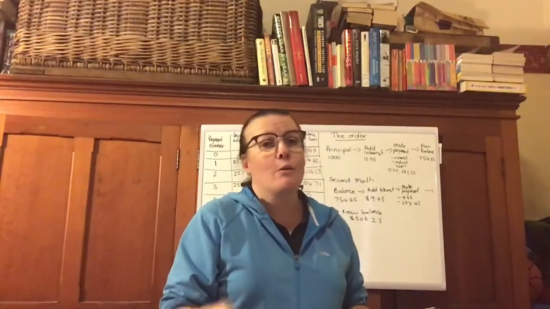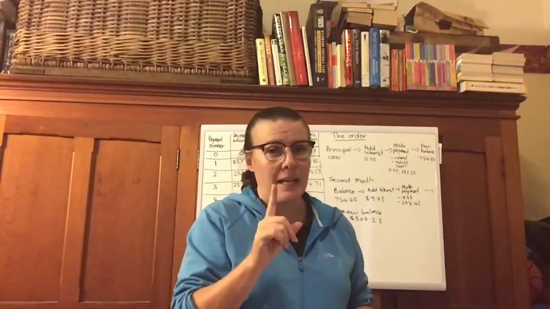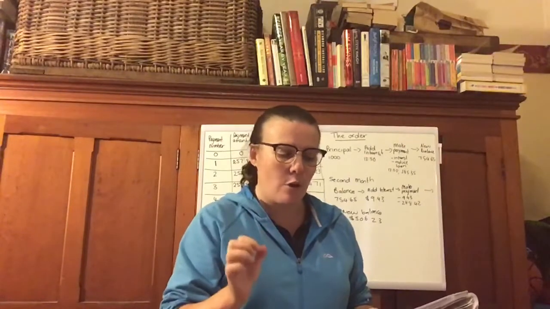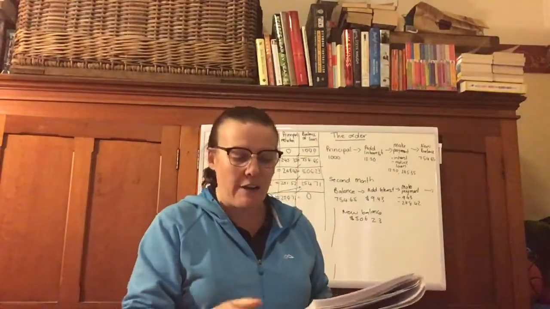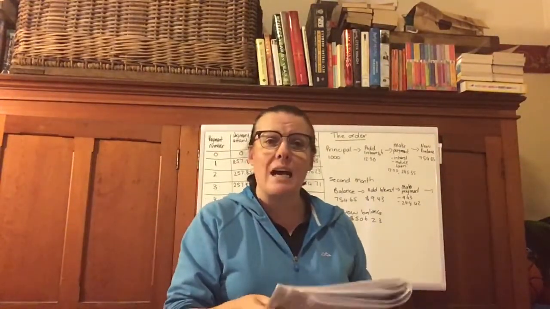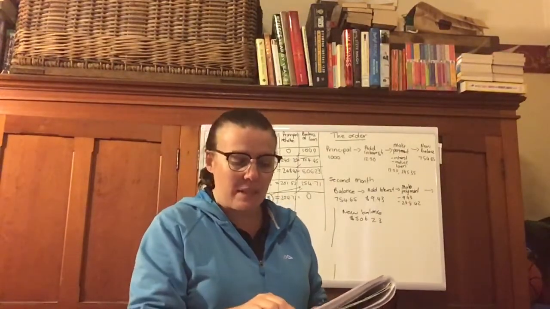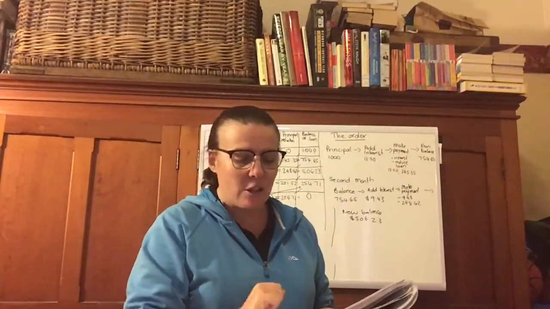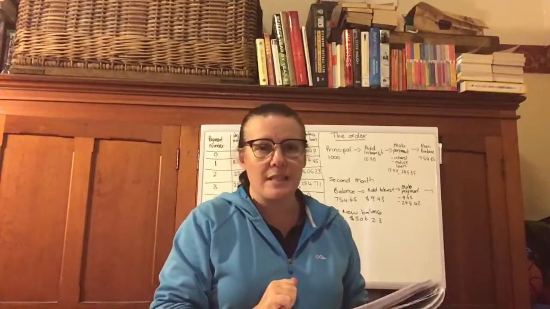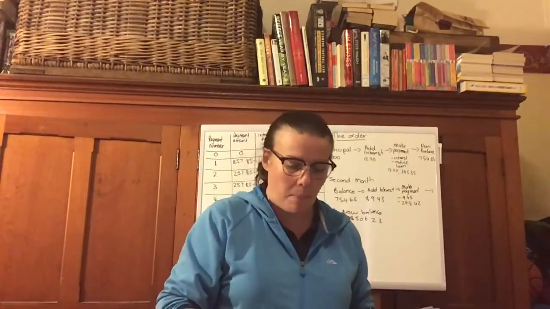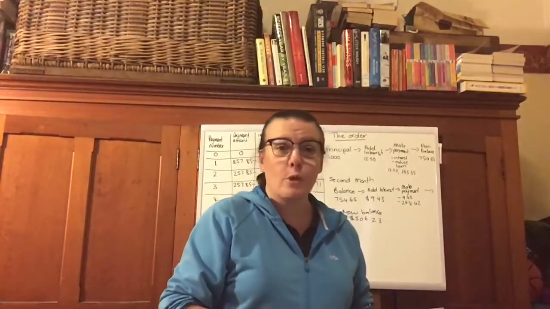Now remember, we have to add the 1 on because this is big R, so 1 plus 0.0125 gives us our compounding rate of 1.0125. And D is the repayments that she makes, $257.85.